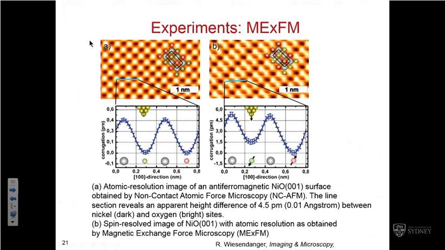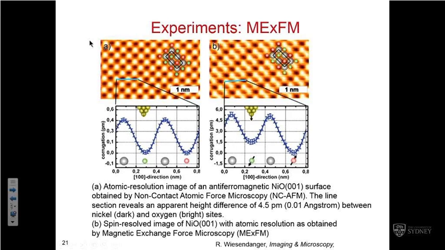A little bit more about research, this time experimental. These are really nice results from a very well-known group in Germany. I have to try and remember what they are doing here. Okay, so what we've got is, what is it called? It is called non-contact atomic force microscopy.